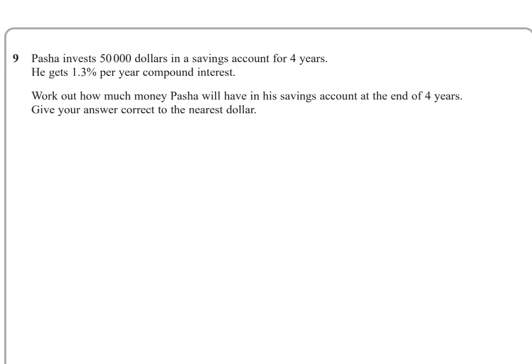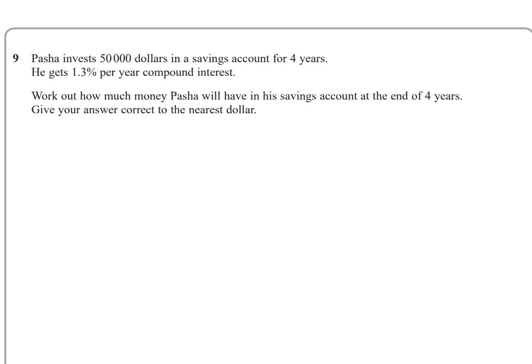Number 9. Basha invests $50,000 in a saving account for 4 years. He gets 1.3% per year compound interest. Work out how much money Basha will have in his saving account at the end of 4 years. Give your answer correct to the nearest dollar.